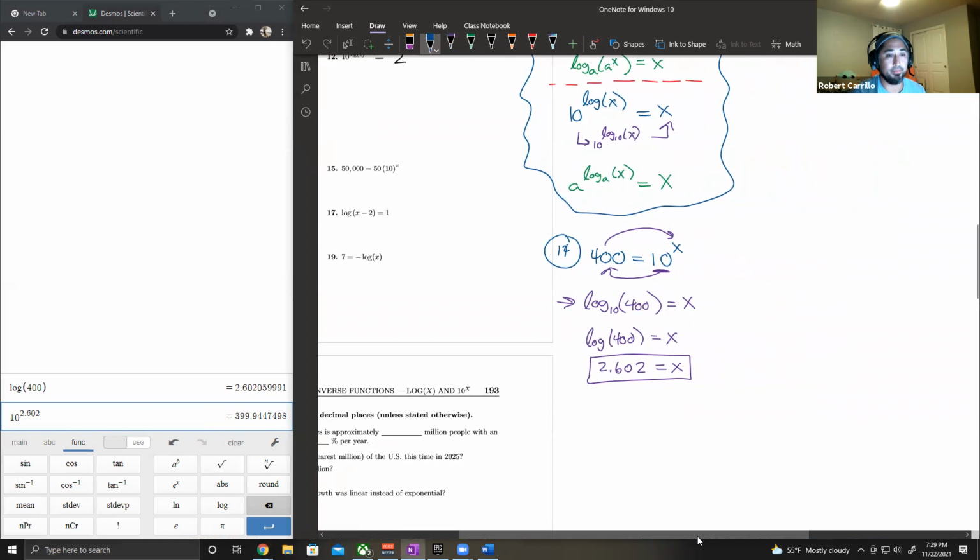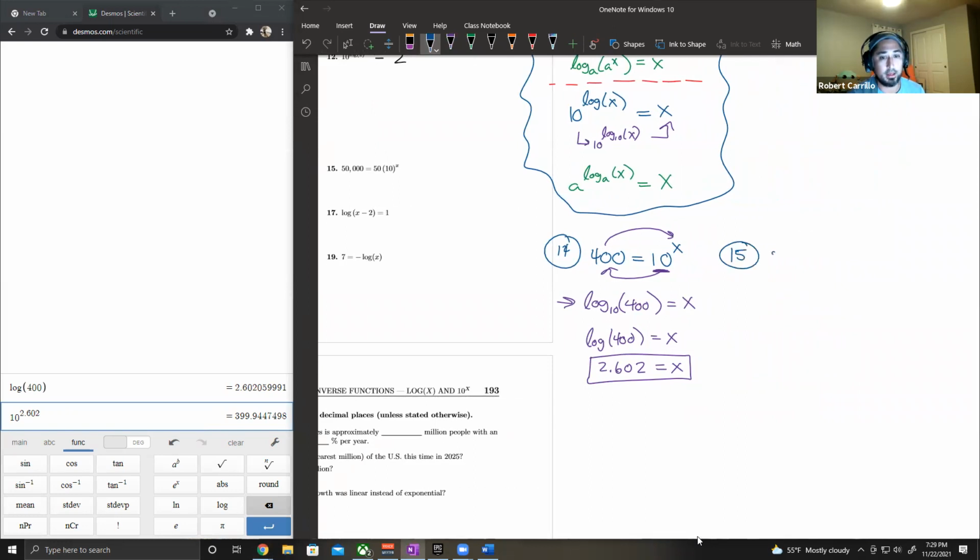All right, 15. We have 50,000 equal to 50 times 10 to the x. Okay, so similar situation here. We want to solve for x, so we have to get it down from being an exponent, meaning we will convert to a logarithm.